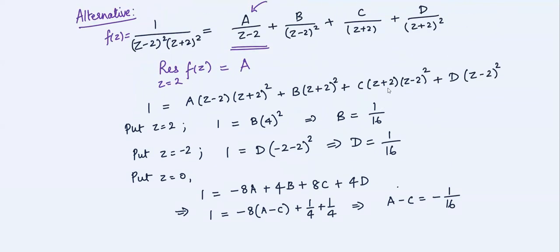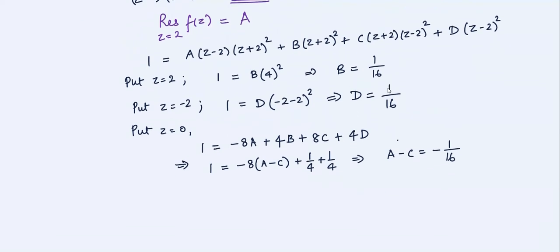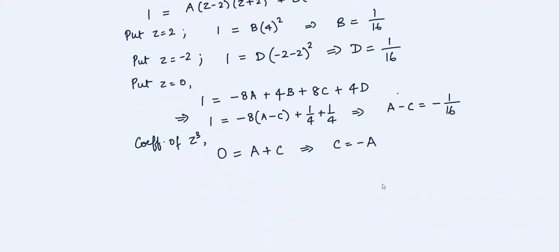Now equate the coefficients of z cube. Zero is a plus c, which means c is equal to minus a. So substitute this here.